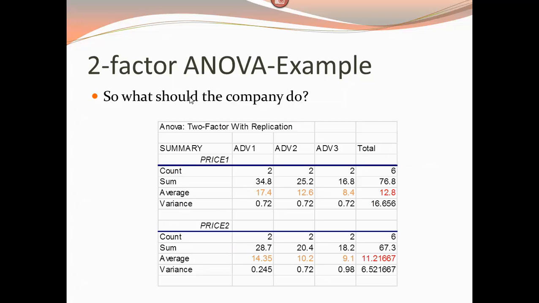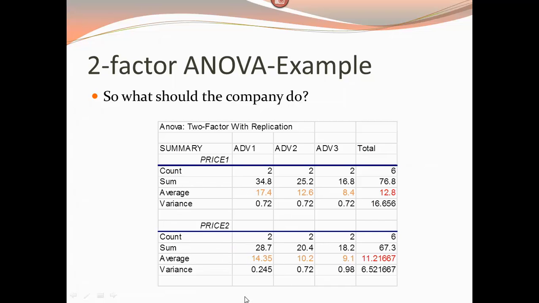So what should the company do? Well, we see that on average they sell more with price 1 than with price 2, which is not surprising because price 1 was less than price 2. More people like to buy things that are cheaper. And then when we look at advertising type, which one looks best? Well, type 1, which was TV, has the highest averages.